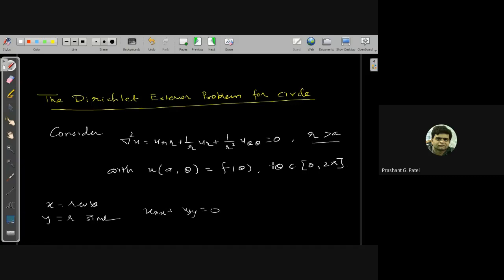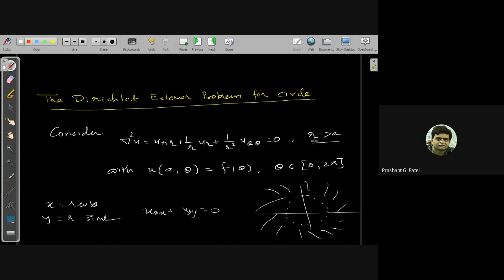And here we are considering the region r greater than a. What does it mean? You have a disk with radius a, and this is the exterior of that circle.